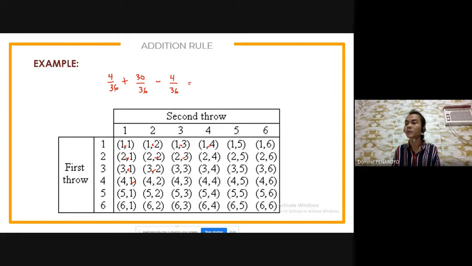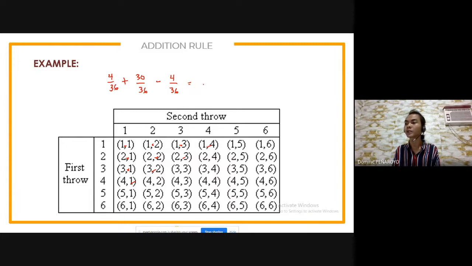So, the probability of event A, that's the probability of getting a sum of 5, plus the probability of getting a sum that is greater than 4, minus the common element sa kanila, which is eto nga, yon yung naulit natin na bilangin, naulit na event.